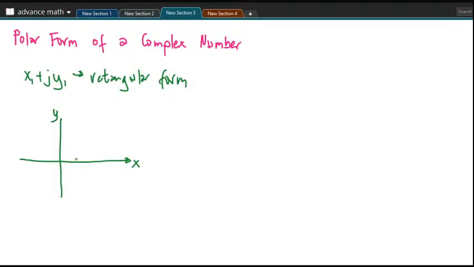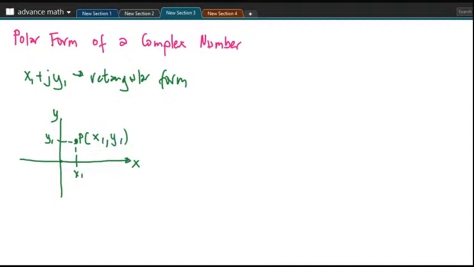This will be the point at which the coefficients, or the real and the imaginary part of our complex number, will fall.